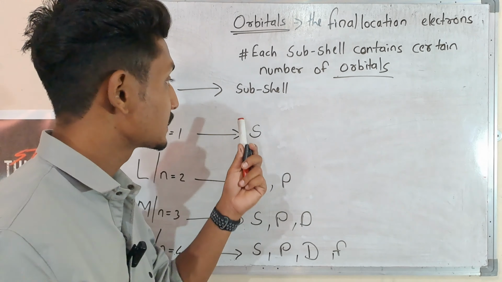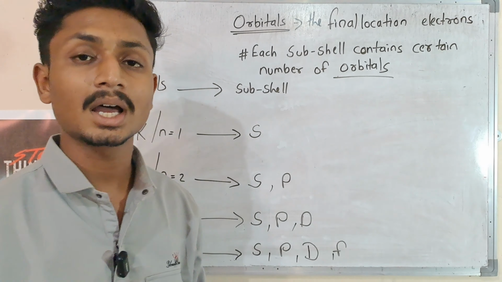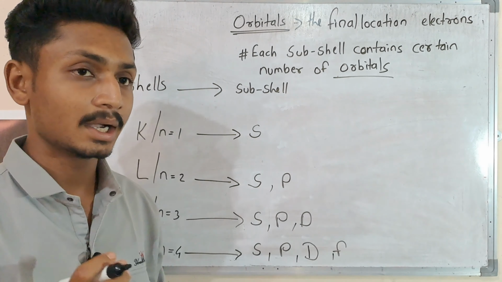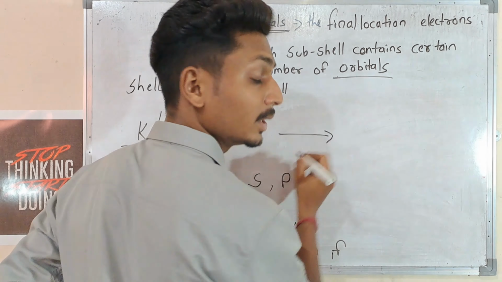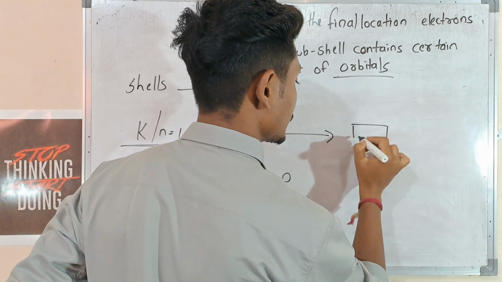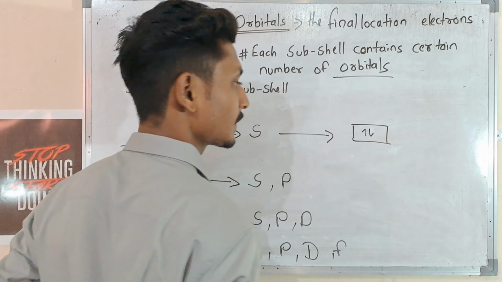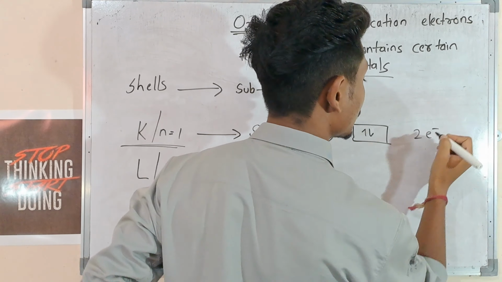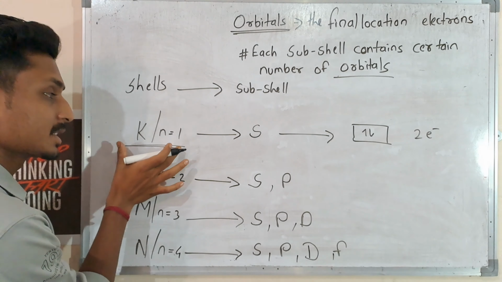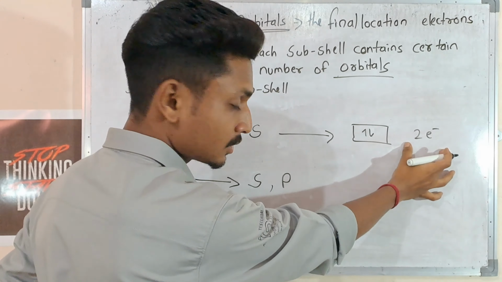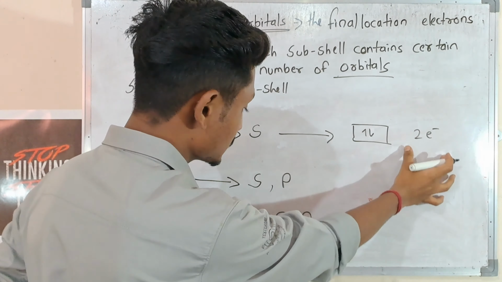Subshells contain a certain number of orbitals. You have to see, the first shell contains one subshell. The S subshell has only one orbit in which two electrons can fit. It means that the first shell contains only two electrons.